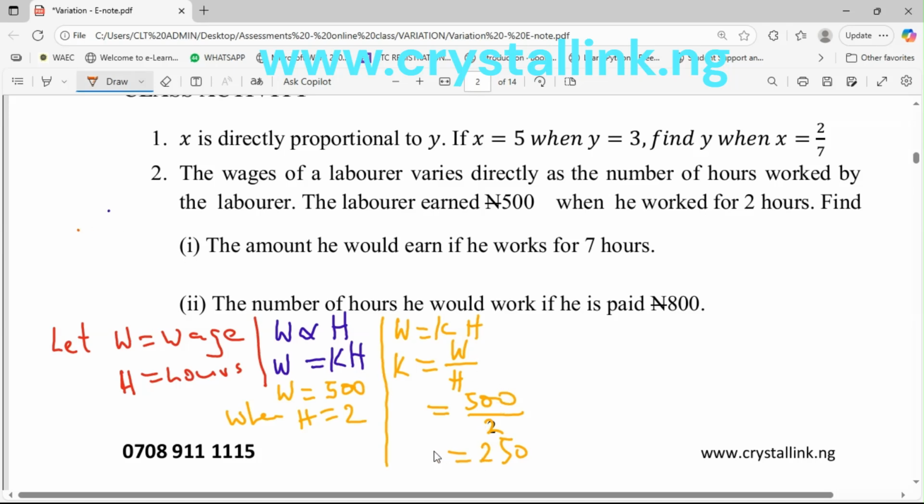So having got the value of k to be 250, what do we do next? We take this value of k back to this equation. So that now means W will be equal to, in place of KH, we now put 250H. 250H. This becomes our equation of relation.